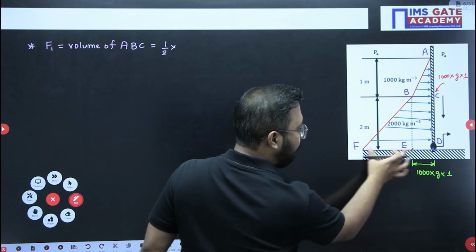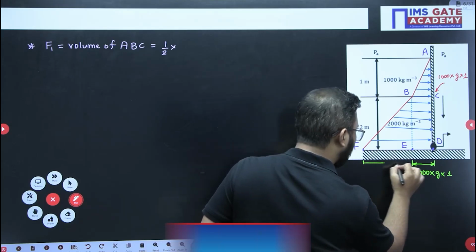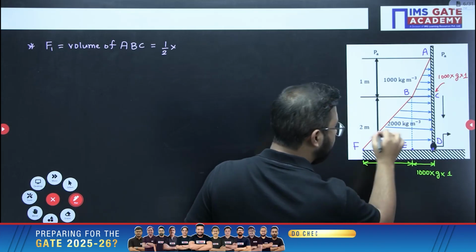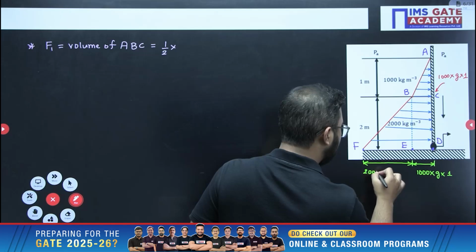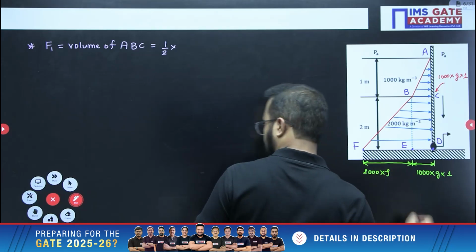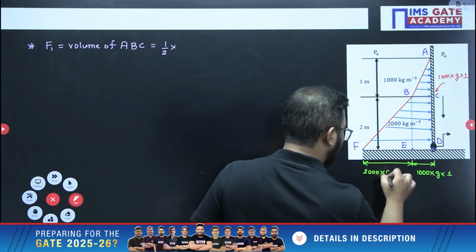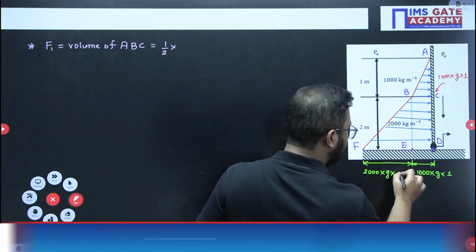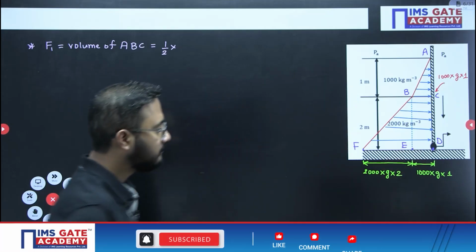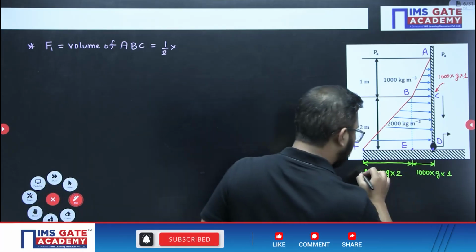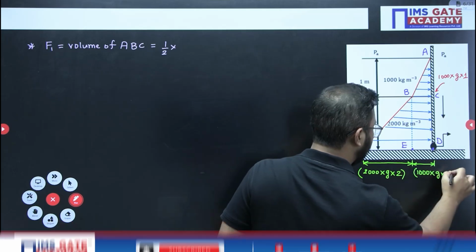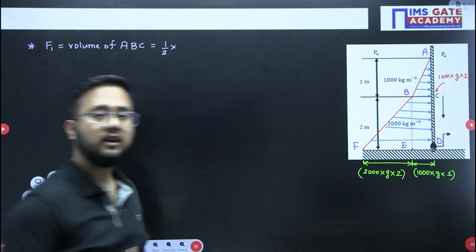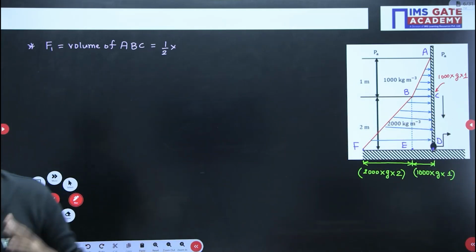Now for FE, density becomes 2000. 2000 into g into height, I will be writing 2 here. So this is what the pressure will be, and this is what the pressure here will be. So like this we will draw the pressure diagram, right?